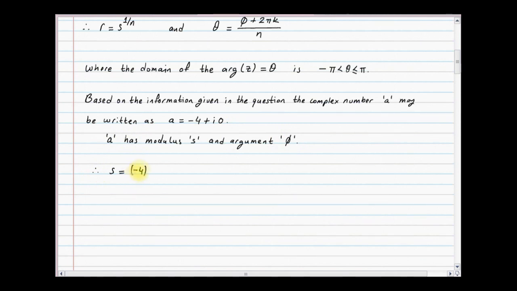Therefore, s equals square root of (minus 4 squared plus 0 squared), which is equal to square root of 16. Therefore, s equals 4, and phi equals arctangent of minus 0 over 4.